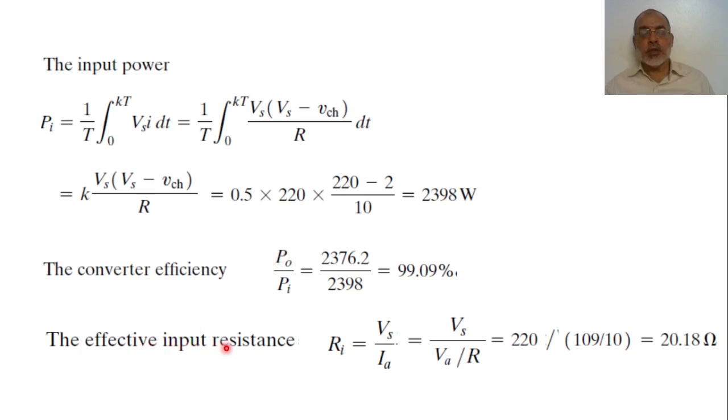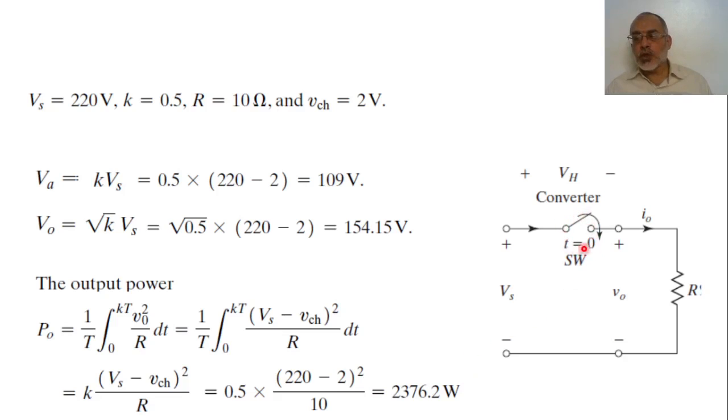The effective input resistance R input is the V source over the current IA, or the average current. The average current is V average over the resistance R. It should be noted here, it is not so simple as before. It is not R over K, because we have the choppering voltage here.